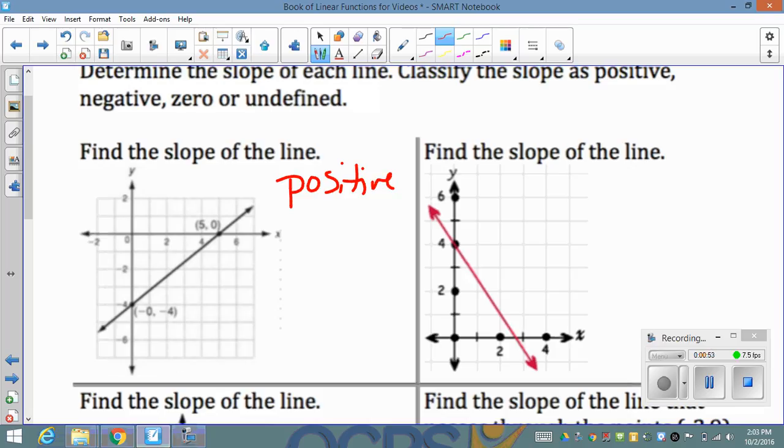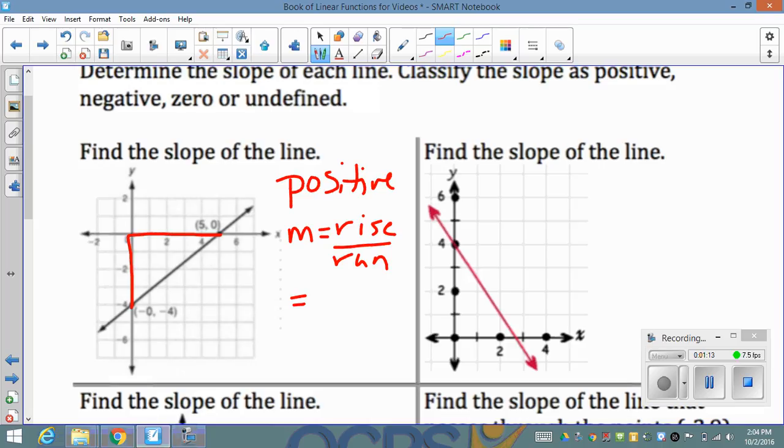Now I was nice to you and gave you 2 of our good points, so I can draw in my rise over run and then count. Remember, our slope is rise over run. So it's our change in the y going up and down over the change in the x going left and right.